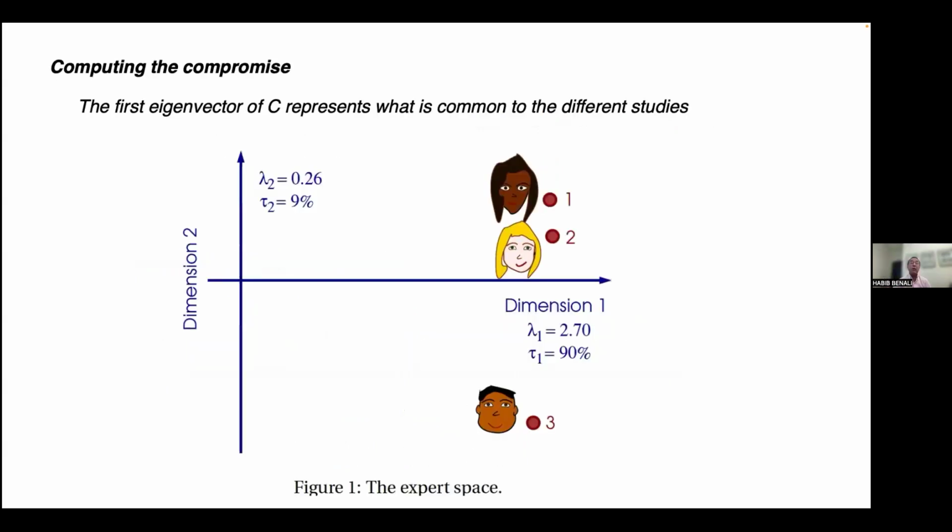We do a representation. I have P1, P2, P3, and so on. Let's go with P1 and P2. In this representation, a point is an expert, so a point becomes a data table. I can represent the data tables between P1 and P2. It's very interesting.